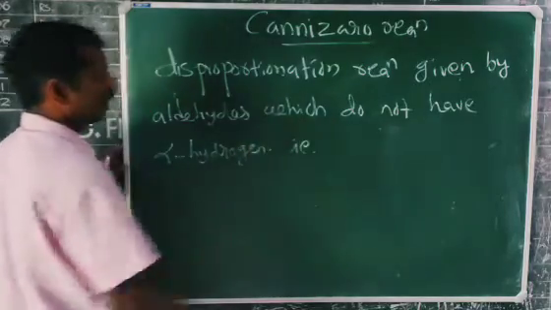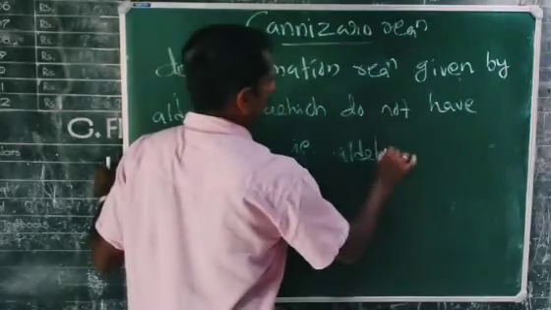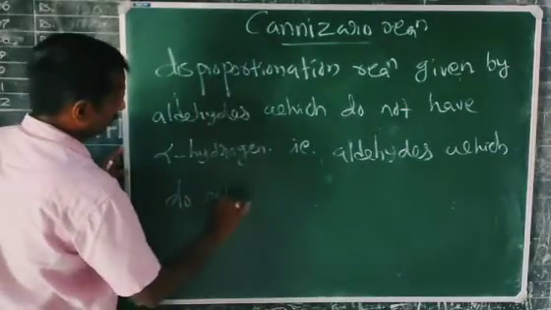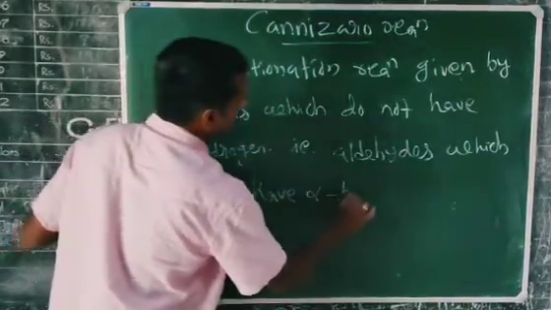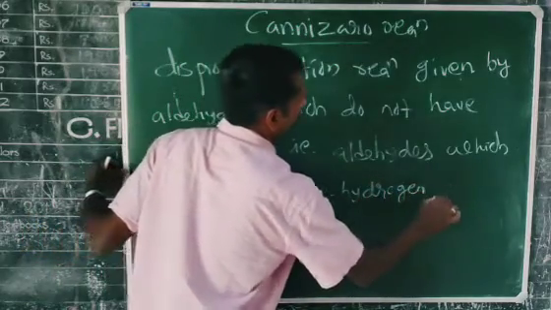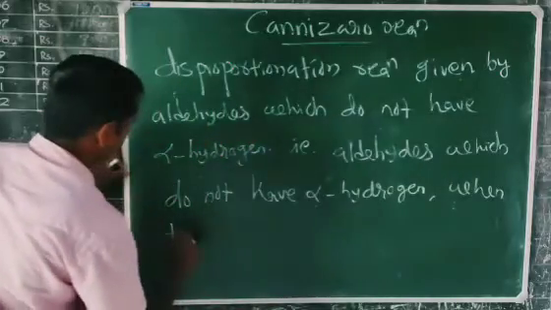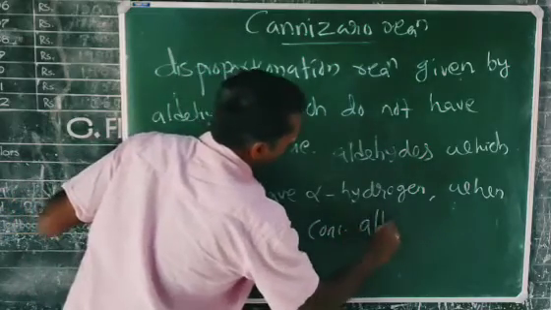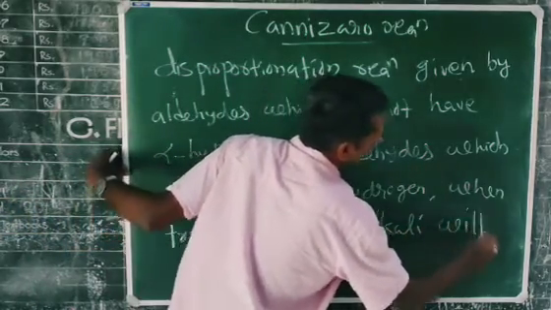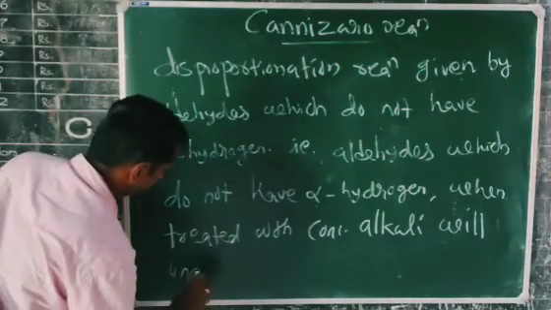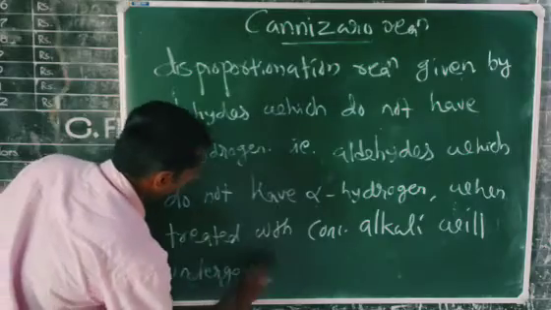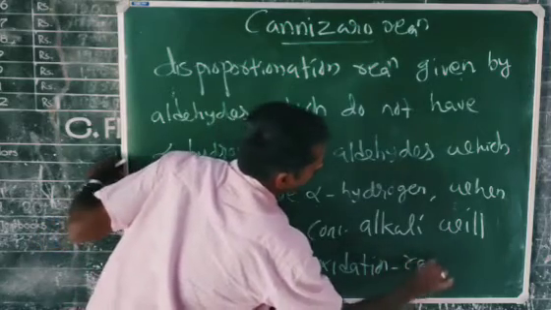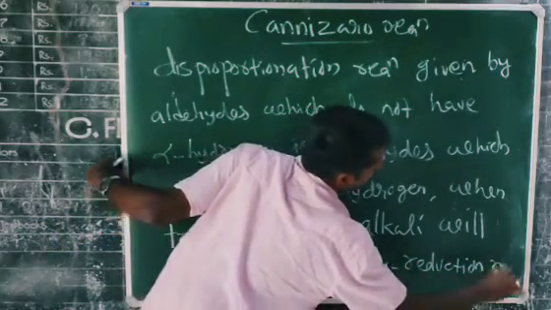That means aldehydes which do not have alpha hydrogen, when treated with concentrated alkali, will undergo self-oxidation reduction reaction.